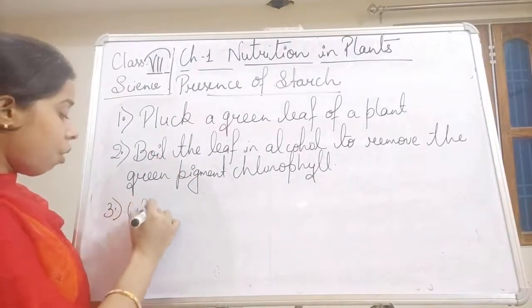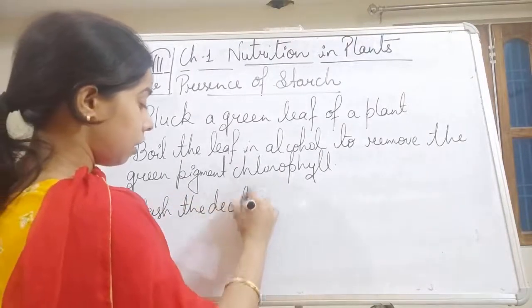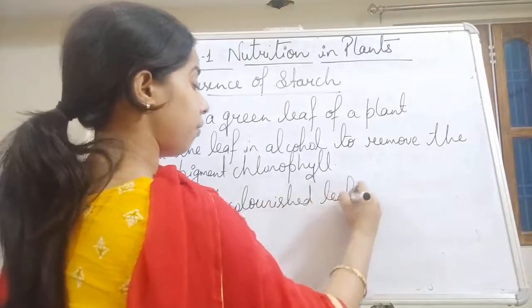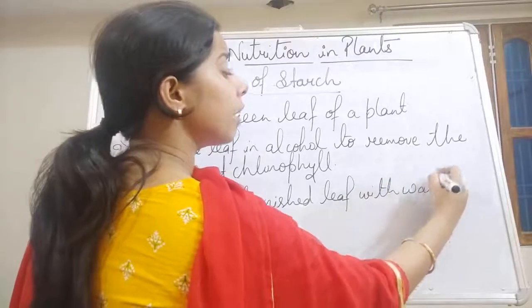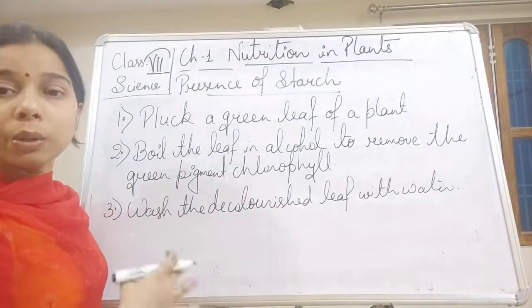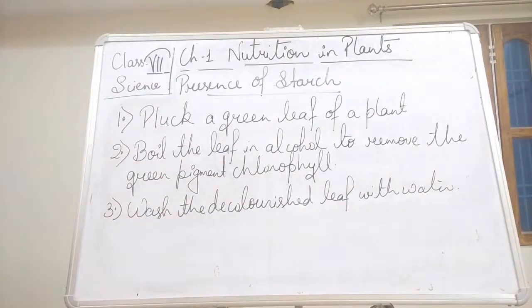Then wash the decolorized leaf with the water. It means if any of the chlorophyll is left over, it will be washed away with the help of the water when we wash the decolorized leaf.